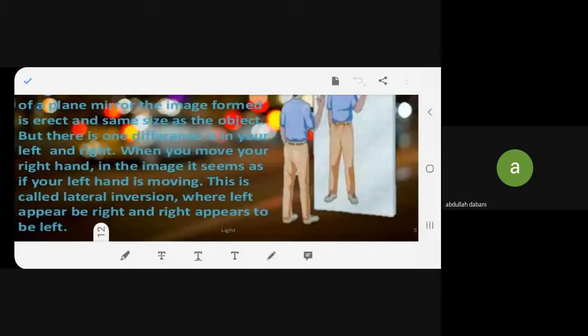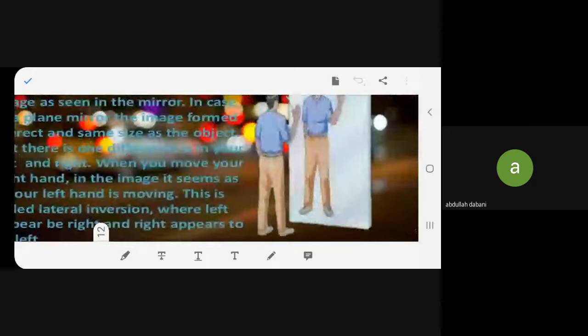Okay. Now, can any of you explain? I just taught you the summary, I just gave the gist of what exactly lateral inversion is. Can any of you explain? Yes, tell me, beta. Ma'am, if we stand in front of the mirror and raise our right hand, then in the mirror we can see it's our left hand. Exactly. So left becomes right and right becomes left. Any problem?